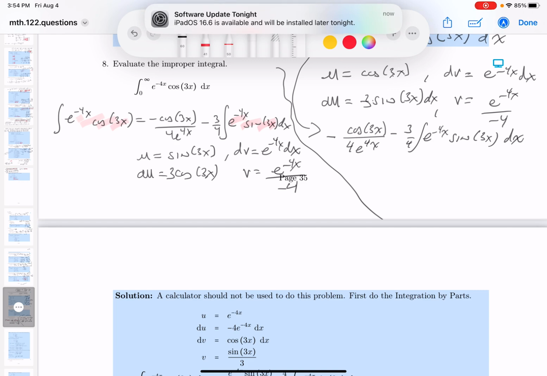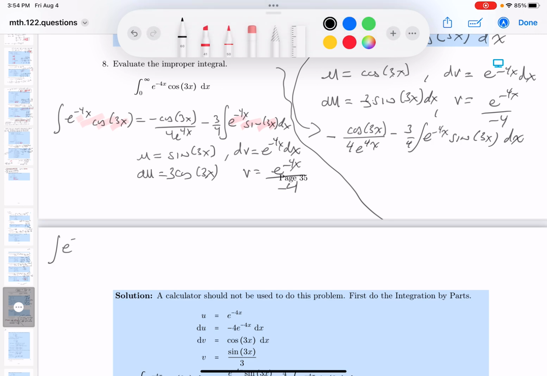All right, let's keep going. I'll write down, this is going to be the integral of e to the minus 4x cosine 3x. I just noticed looking at my work that I forgot to put a dx over here. Put it in now. Equals minus cosine 3x over 4e to the 4x minus 3/4.